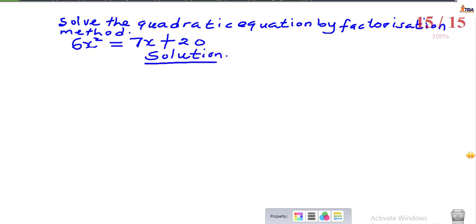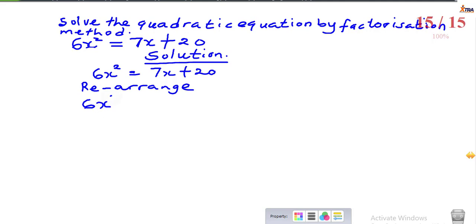So we have 6x squared equals 7x plus 20. The first thing that comes to mind here is to rearrange on the left hand side. So we have 6x squared minus 7x minus 20.